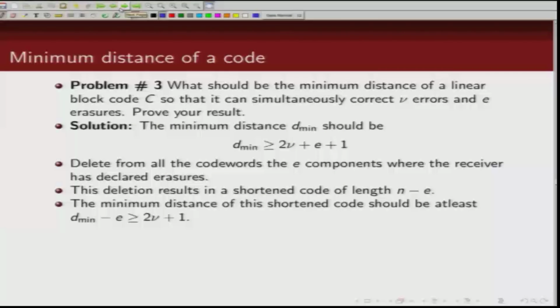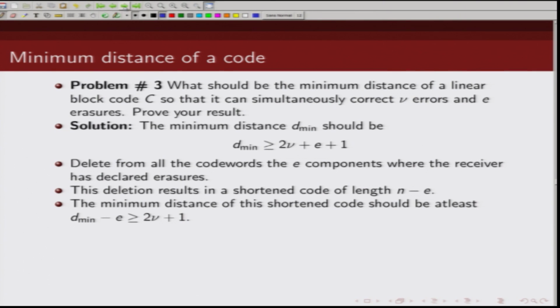So, if we want to correct mu errors, the minimum distance of the code after these E erasures should be greater than or equal to 2 mu plus 1. So, if the minimum distance of the code after these E erasures is still at least 2 mu plus 1, then this code can correct mu errors.